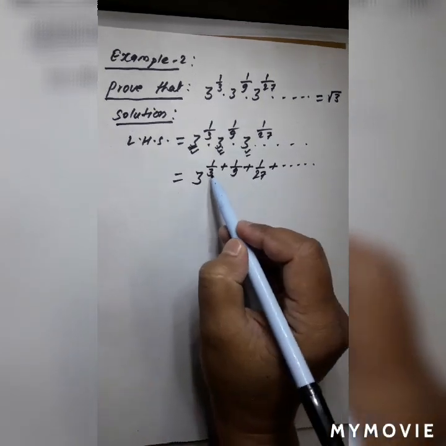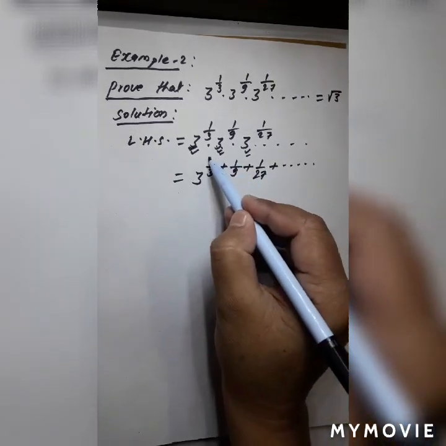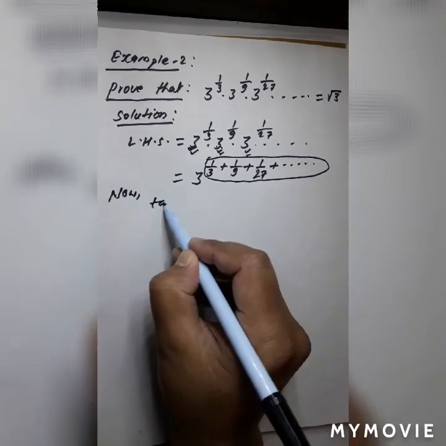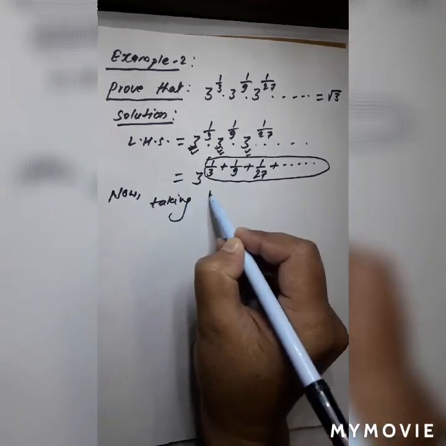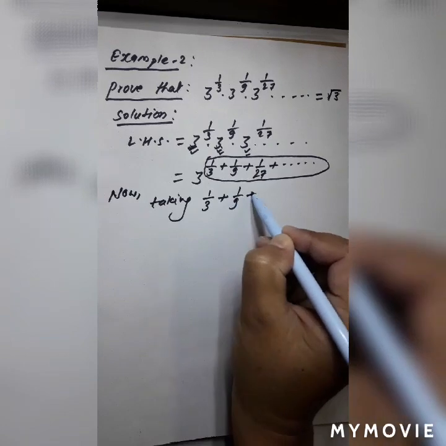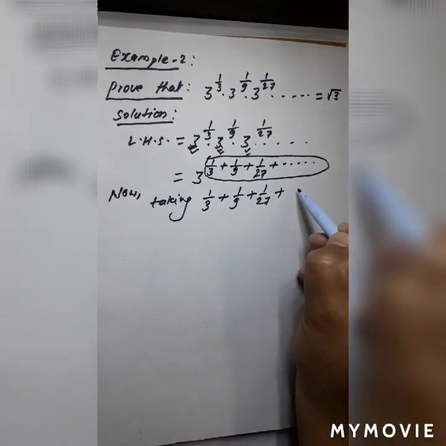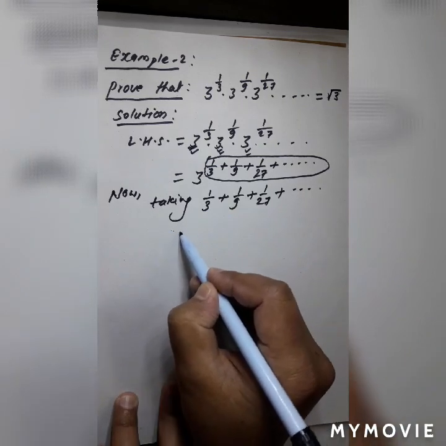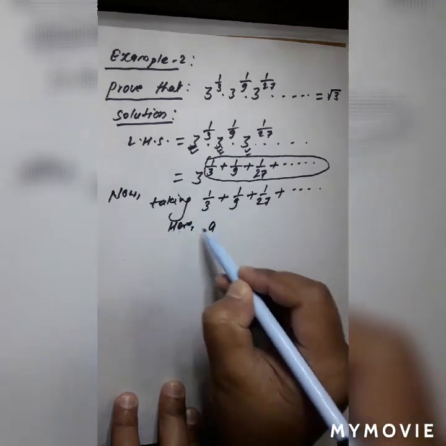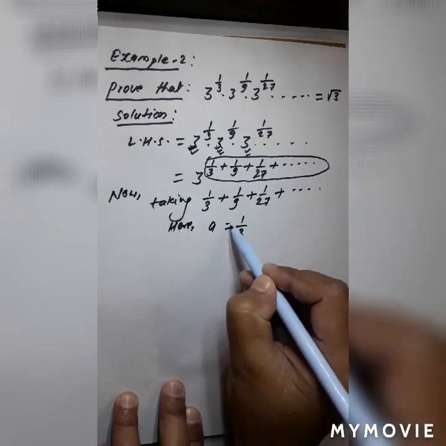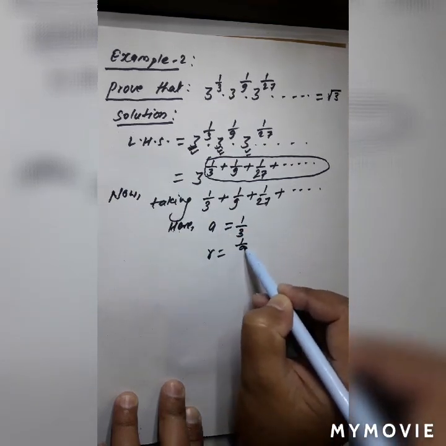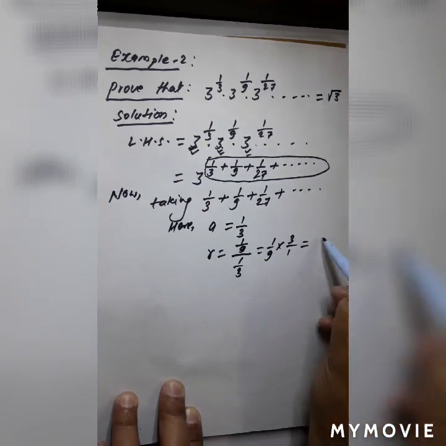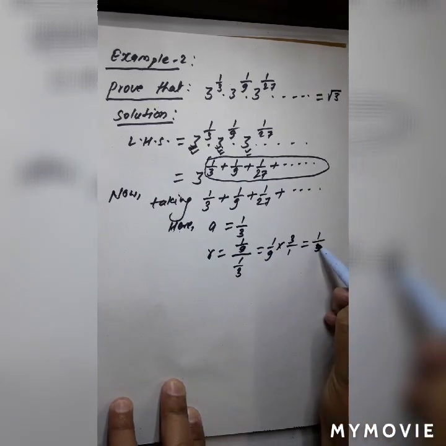In the powers, look here, there is one geometric series. We can take 1 by 3 plus 1 by 9 plus 1 by 27 plus to infinity and so on. Here a equals to what? 1 by 3, the first term, and r equals 1 by 9 divided by 1 by 3, so 1 by 9 into 3 by 1, and we get 1 by 3.